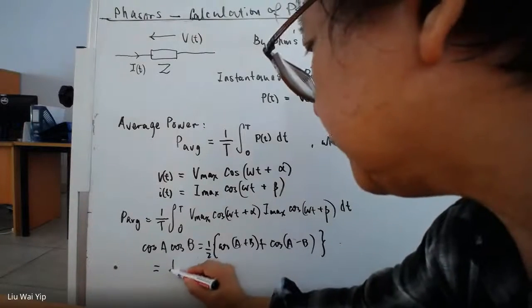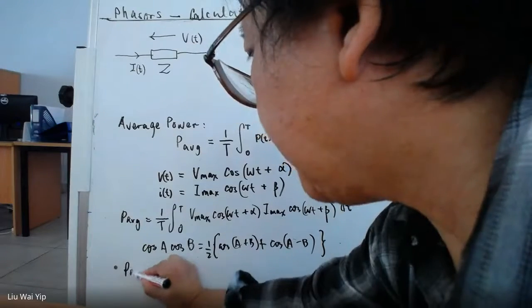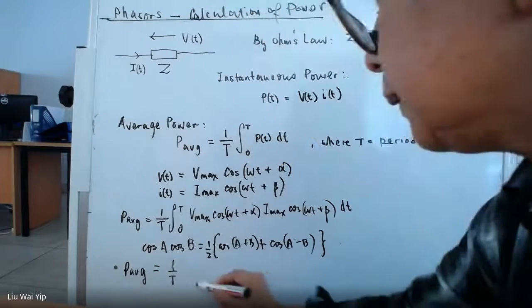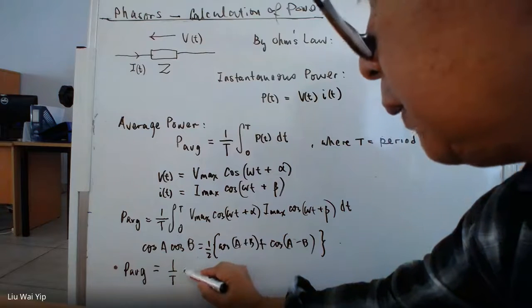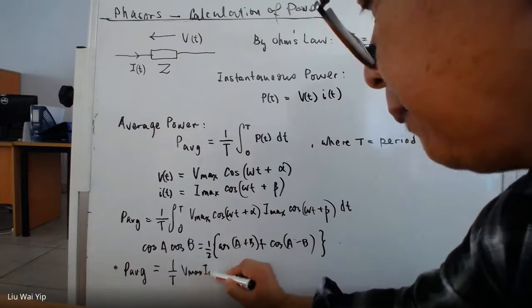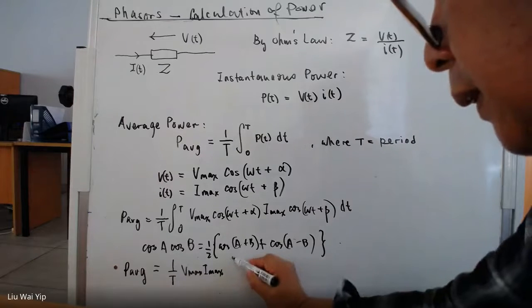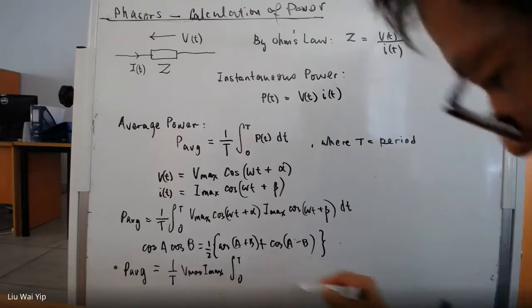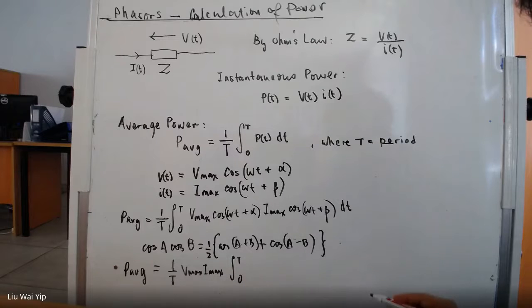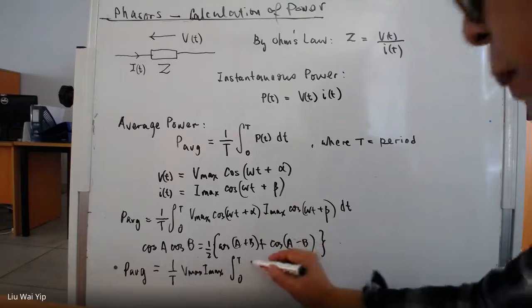Now, if this is true, we can simply say 1 over T, P average, and then we have V max and I max here, and A plus B, right?